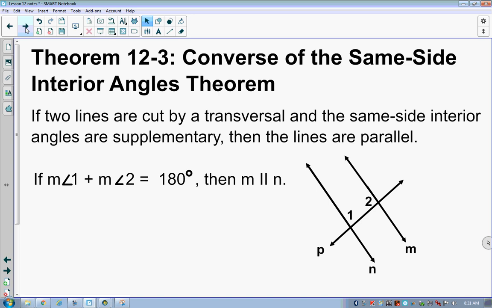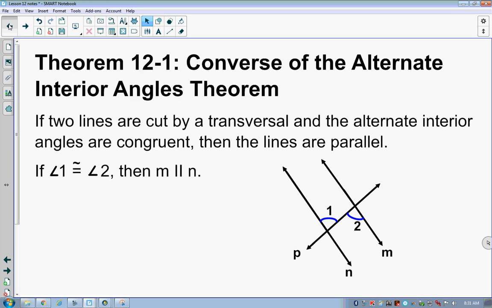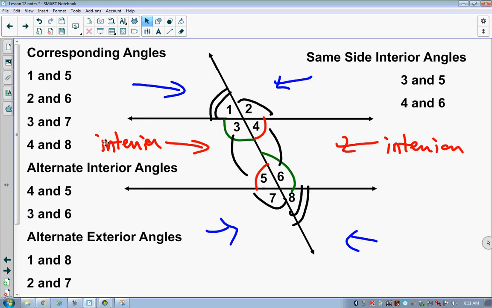So if angle 1 plus angle 2 equals 180 degrees, then I know that these two lines cut by that transversal are parallel. If those two lines are parallel, then I know that measure angle 1 plus measure angle 2 will equal 180 degrees. That's the end of that. This, I think, is one of the more important things that you can know and understand, this slide right here. Are we on board?